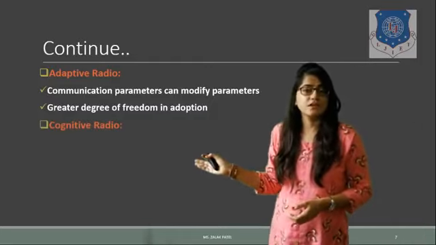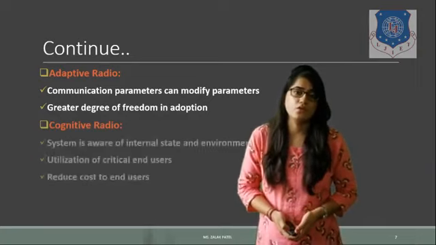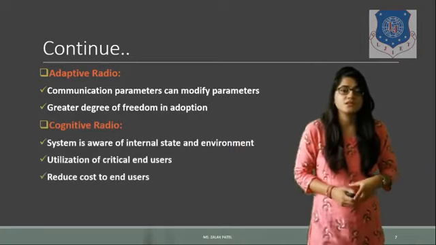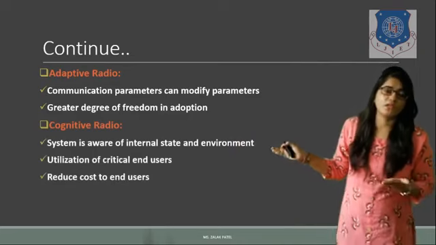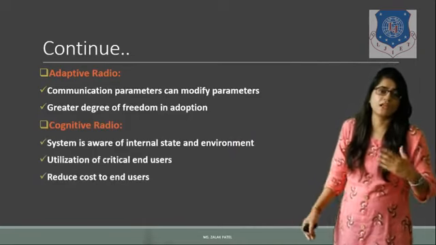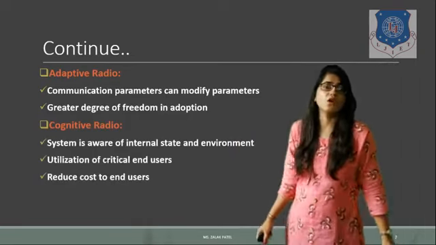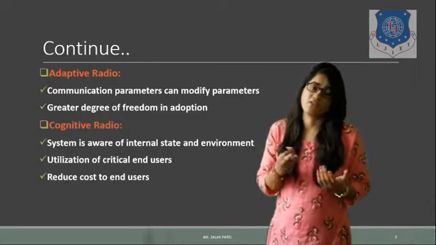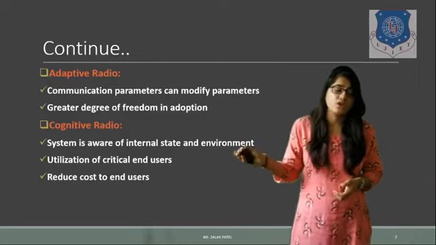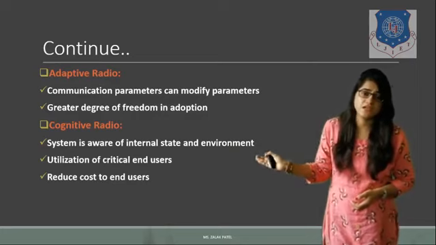The next radio that can be supported is a cognitive radio. In this type of radio, the system is aware of the internal state and environment. In the previous case of adaptive radio, the output is a major concern, but in the case of cognitive radio, it also takes care of the internal state.